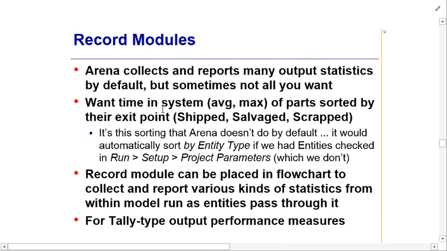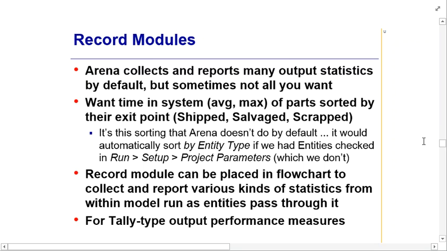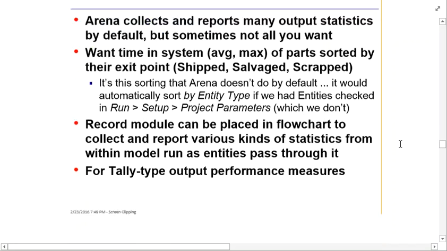So our record modules, again, Arena collects and reports many statistics by default, but sometimes there's something you want that isn't in there. So you can establish your own characteristics of the system that you want to capture. If there's some characteristic of your simulation that's not part of the standard reporting mechanisms, you can create your own.